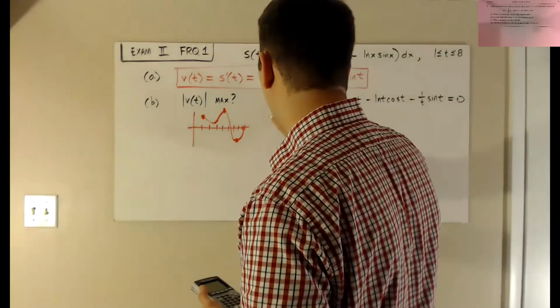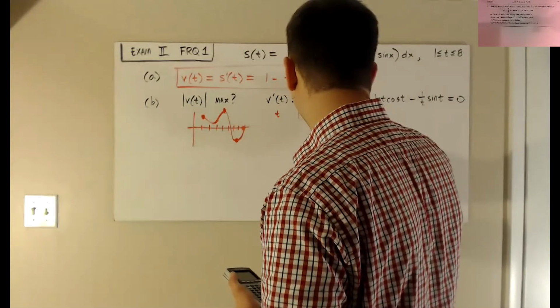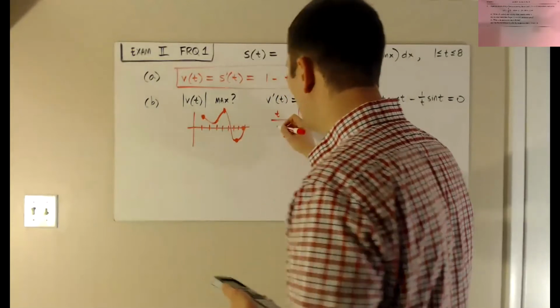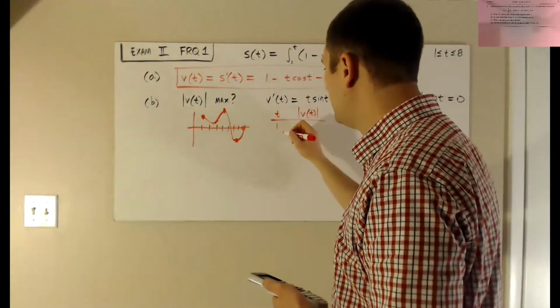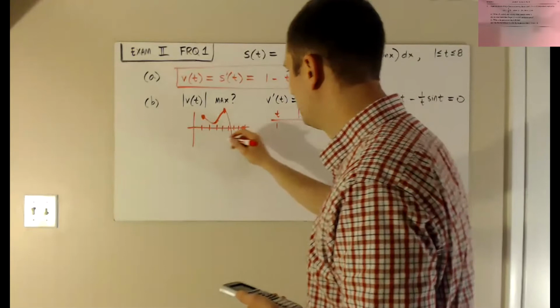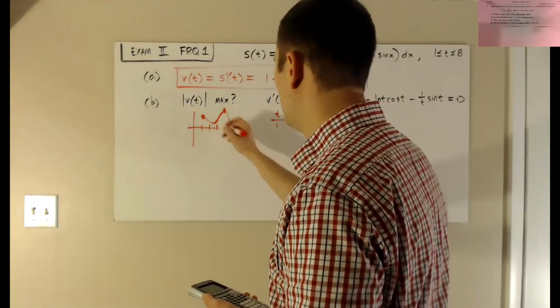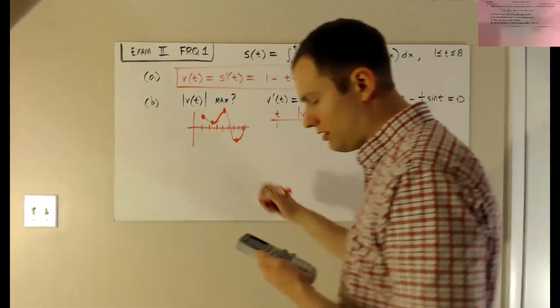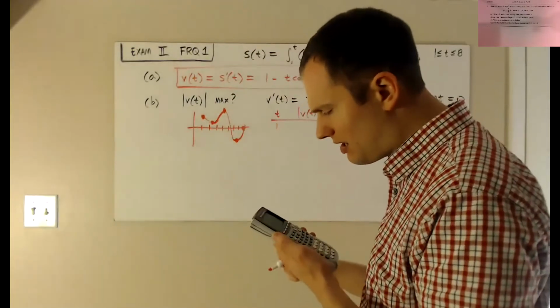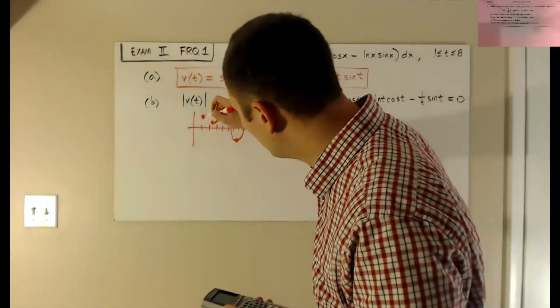So let's put in some t values and calculate the speed at each of those so that we can compare. Sorry, there are 5 actually. It may actually go uphill just a little bit right there.